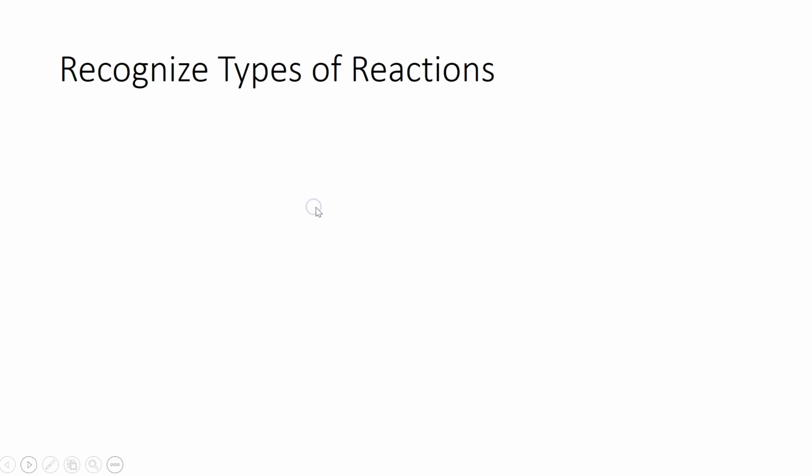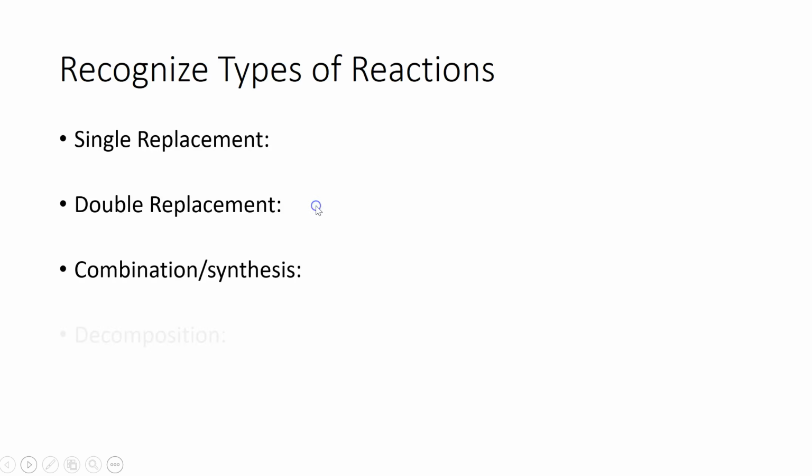Now, last but not least, single replacement, double replacement, combination synthesis, decomposition, and combustion reactions. We need to learn how to recognize these when we see them. So a basic formula, right, for a single replacement reaction. I have one element by itself and another compound. So a single element reacts with a compound.